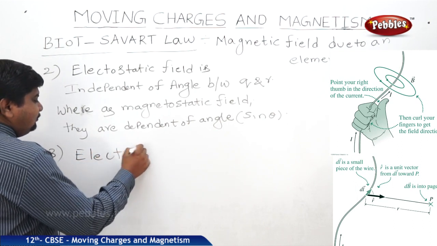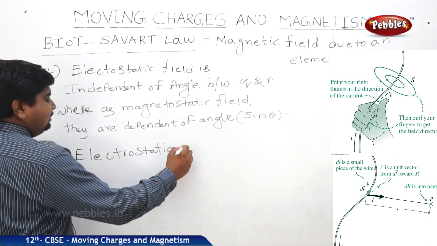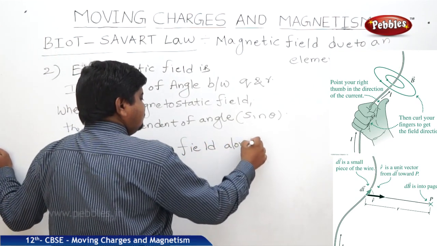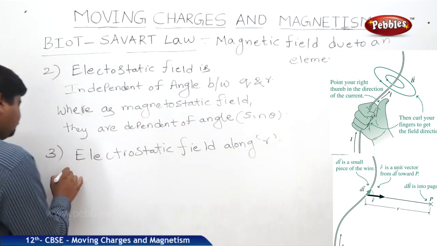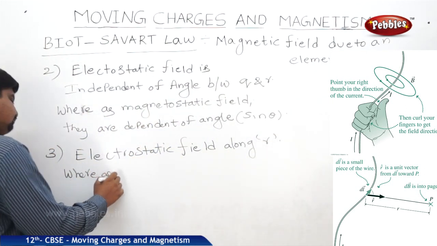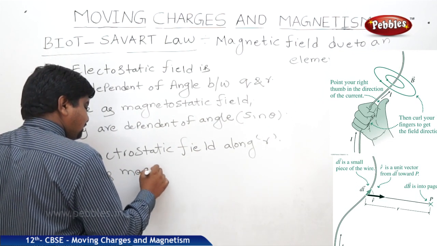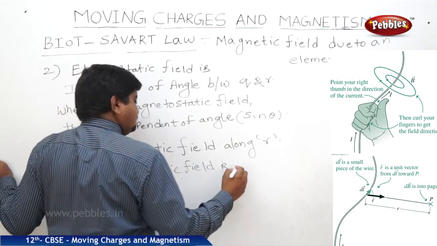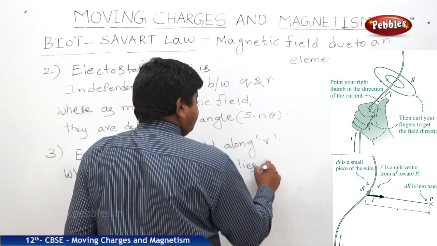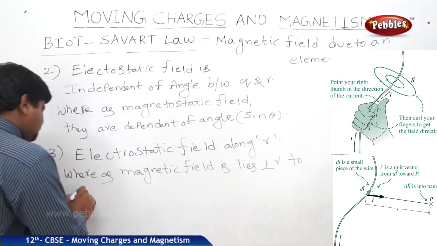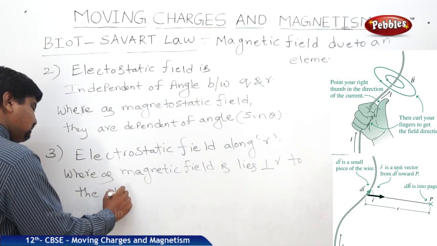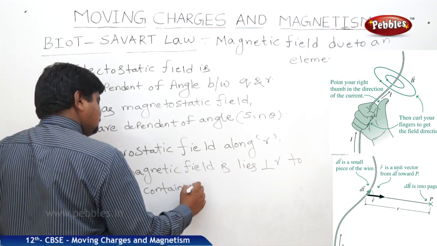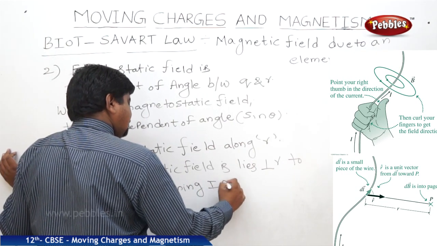The electrostatic force or field is along R, whereas magnetostatic force or magnetic field lies perpendicular to the plane containing I and dl.